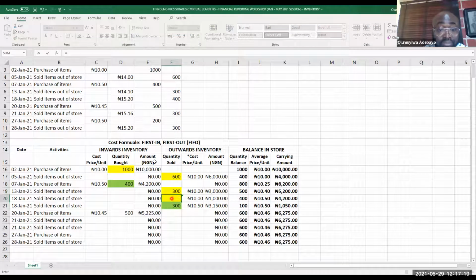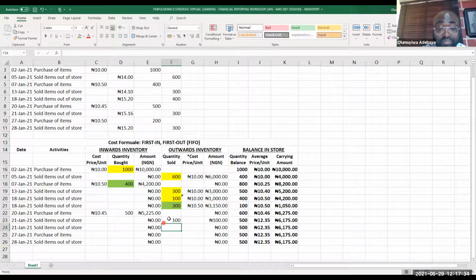Okay, let me show you the balance so that you know where the balance is coming from. This and this. And the balance here is coming from 400 and 300, which means this is the last batch there. And it's at 10 kobo.